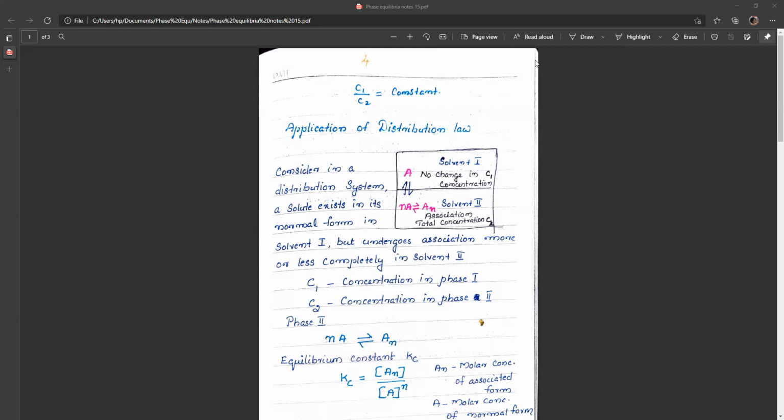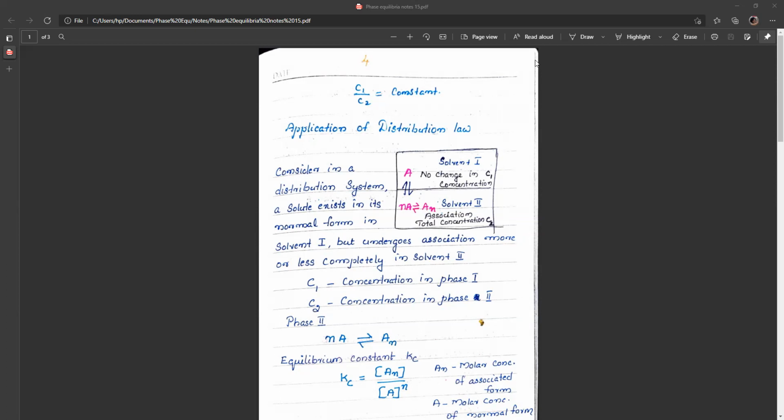Today we are going to discuss the application of this distribution law to systems in which the similar molecular species is not agreed. One condition of the distribution law is that it can be applicable to similar molecular species only, that is, no association or no dissociation of the solute in any of the solvents.